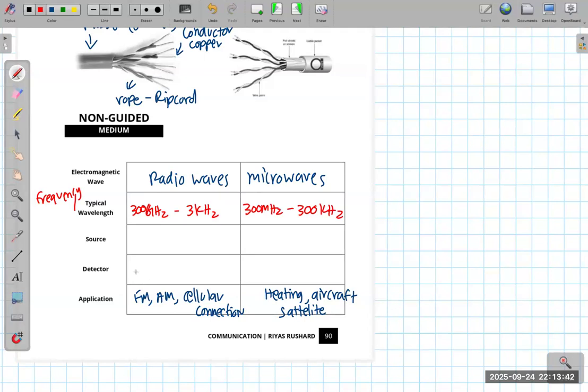Detectors, we can use aerial detectors. And here we can use antennas or you can use diodes. I can say also high, also ultra high.